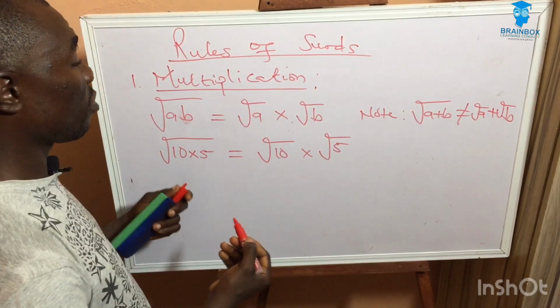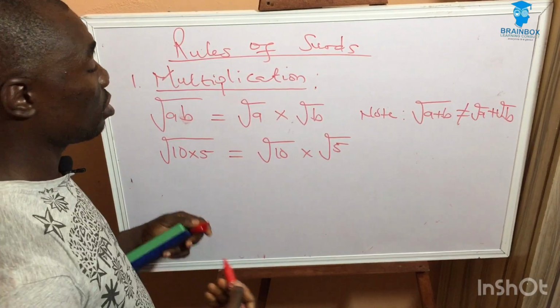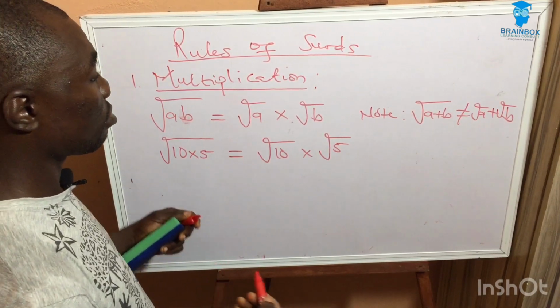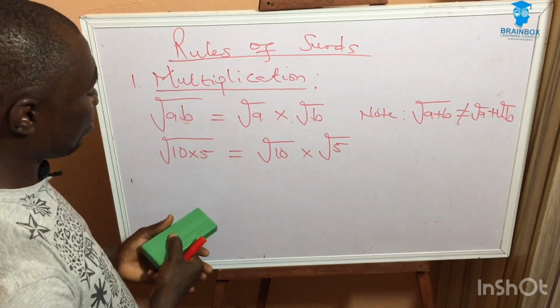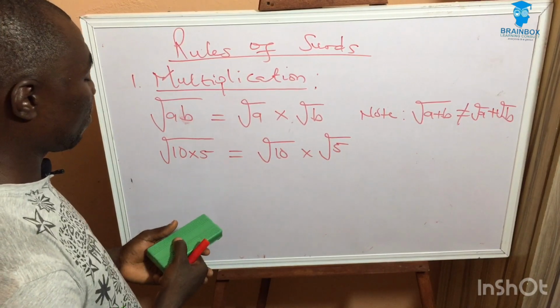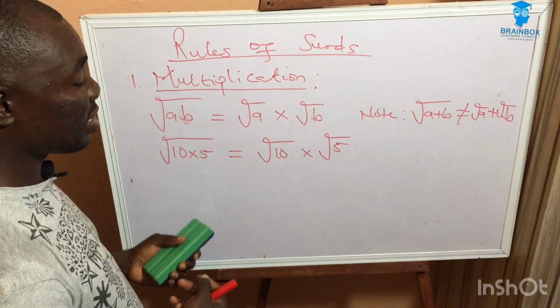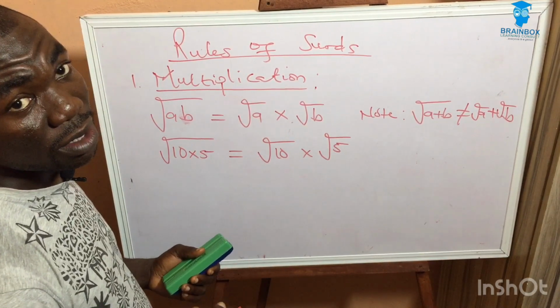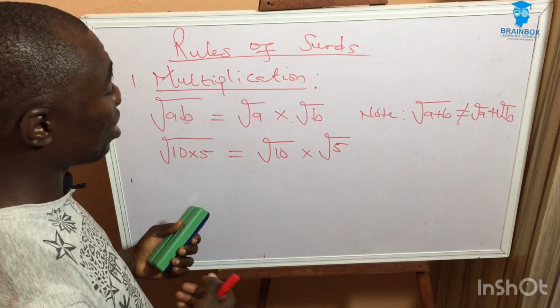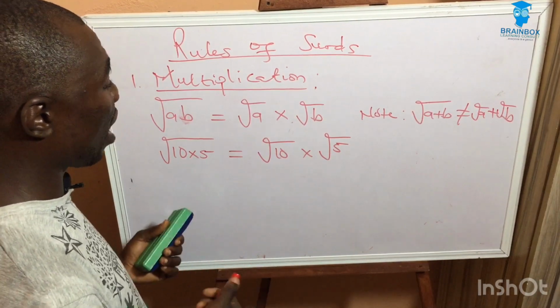So this is an example of multiplication. This root of 10 times 5 is the same thing as root 10 times root 5.